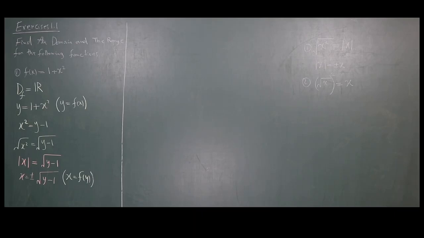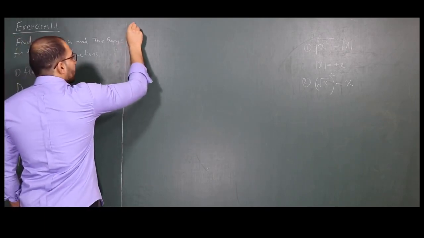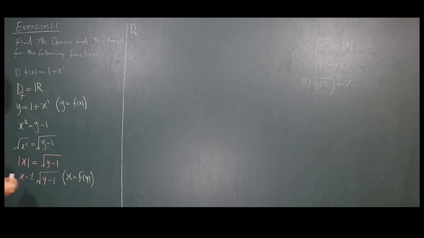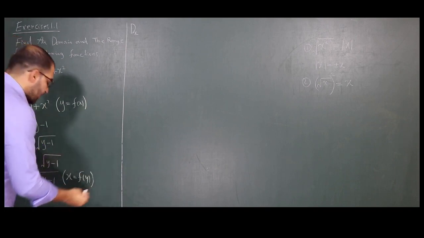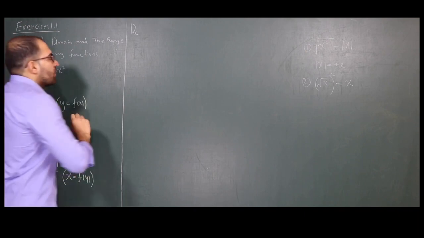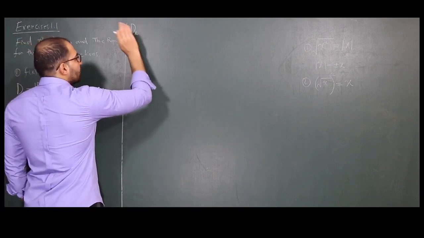Now, after I found the new formation, I need to find the domain of this form. So I will say the domain for the new function, and actually this is a square root function. To find the domain for a square root function, I need to put a restriction that the expression inside the square root must be greater than or equal to 0.